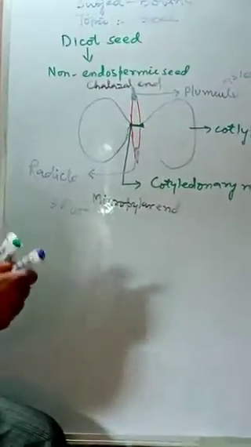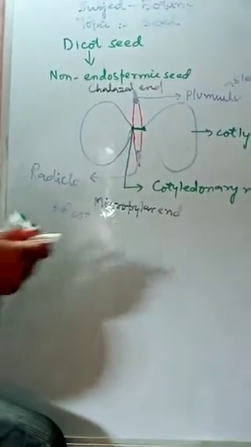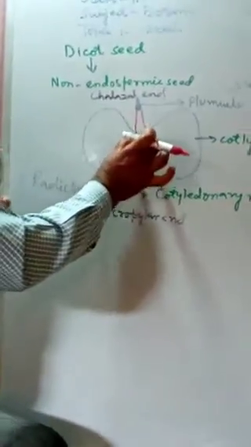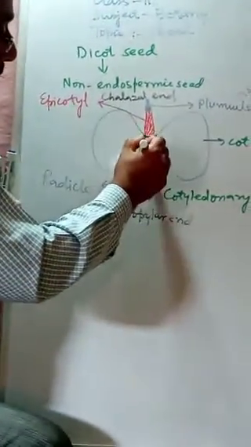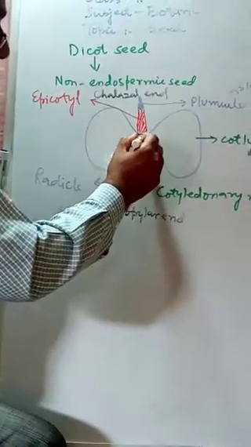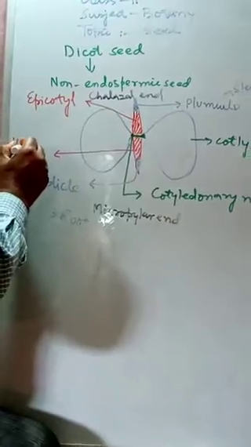Now there are two more parts in this. The part between this cotyledonary node and this plumule, this is called as epicotyl, and this part between this radicle and this cotyledonary node, this is called as hypocotyl.